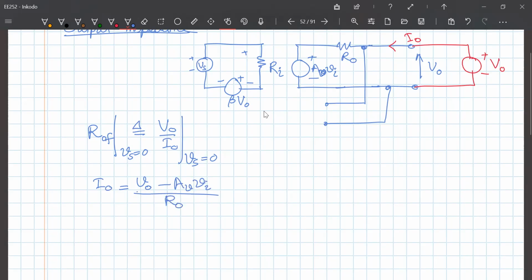But we know that Vi plus beta V out, by applying Kirchhoff's voltage law to this circuit, is equal to Vs, but we have made Vs equal to 0 by definition. So Vi is equal to minus beta V out.